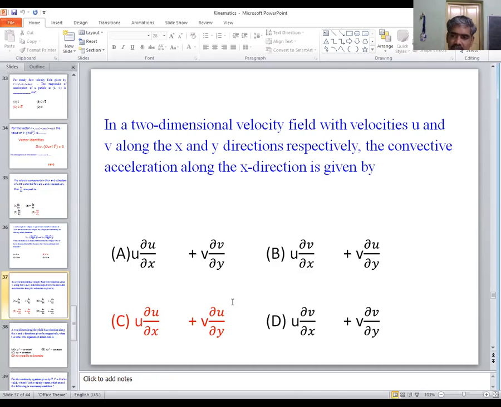That is the x direction acceleration. For two-dimensional flow, the term w dou u by dou z is 0. So C is the answer.